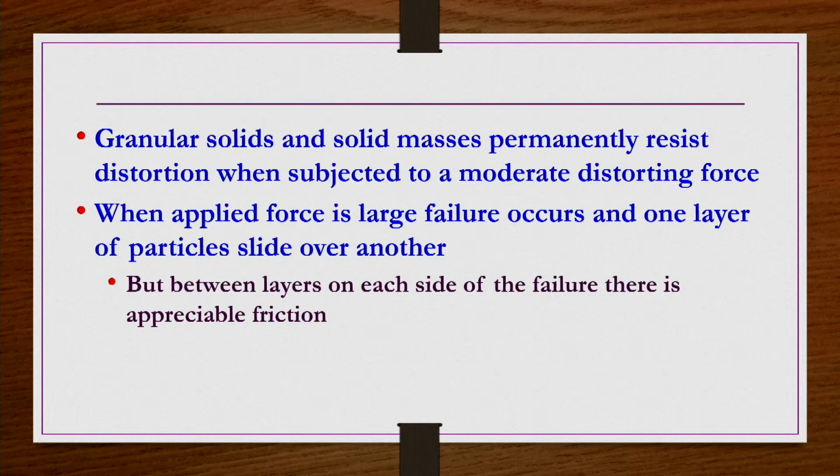Whereas in fluids, that friction is very small, and it is the same for either of the fluid layers, and this friction between the fluid layers can be represented as viscosity. But in the case of granular solids and solid masses, the friction may be different on each layer, but there will be appreciable friction on each side of the failure.